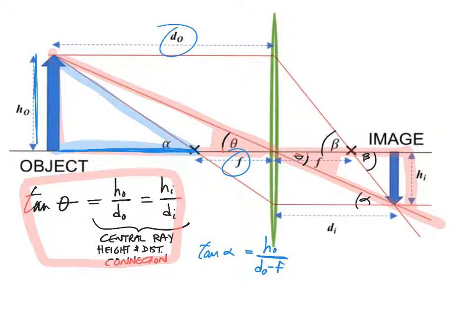It's shorter. It's not as long a distance from the object because I'm stopping at the focal length. Okay, but this is the focal length connection. This angle here, alpha, is dealing with a connection here at the focal length. All right? And on the other side of things, it would just be the image height and the focal length on the other side.